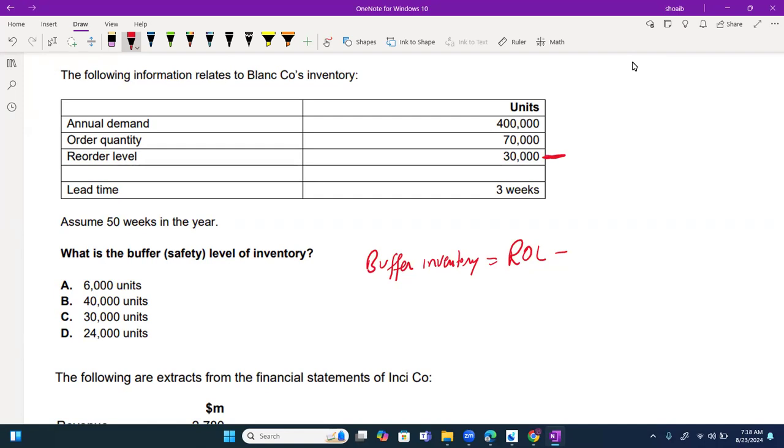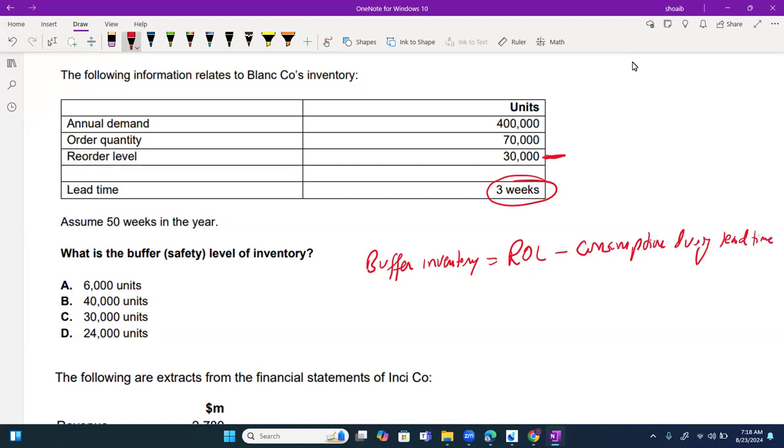Obviously you will take 3 weeks to collect the order. So you have to identify how much you will consume during these 3 weeks. So the formula is reorder level minus consumption during lead time.